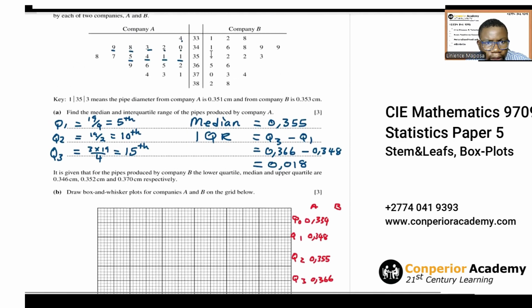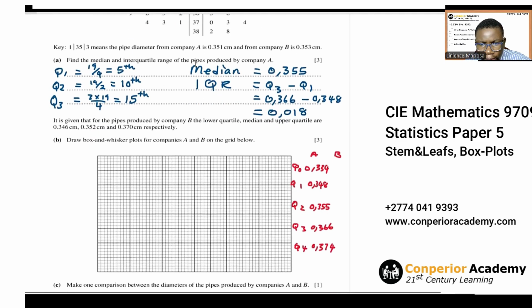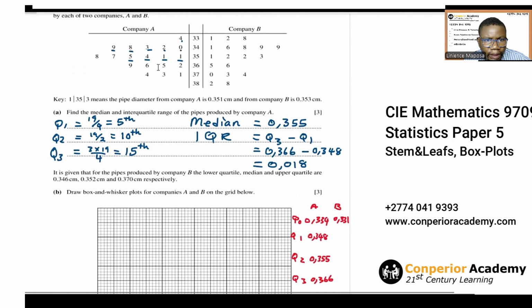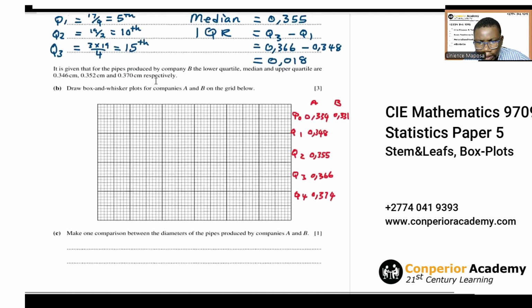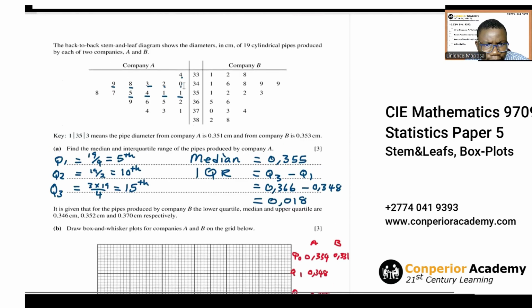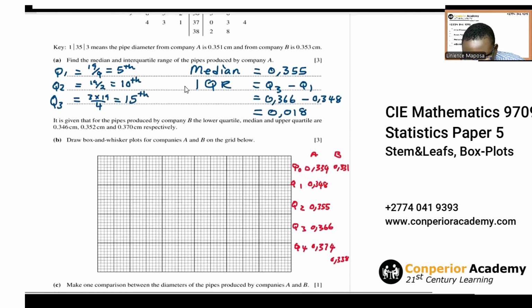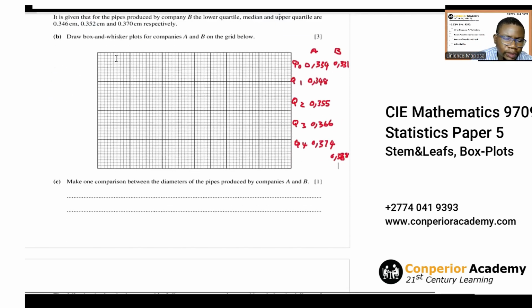So Q0 for company B is 0.331. And the maximum value is 0.338. So here I'll just write it here, 0.338. Or is it 0.338 or 0.388? 0.388. Okay, that's 0.388. So just remember that. Now let's go and decide on our scale.